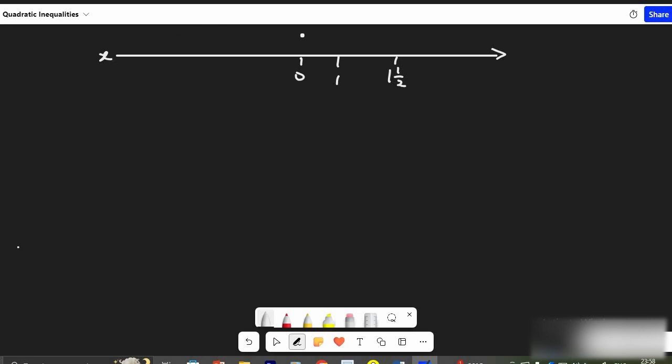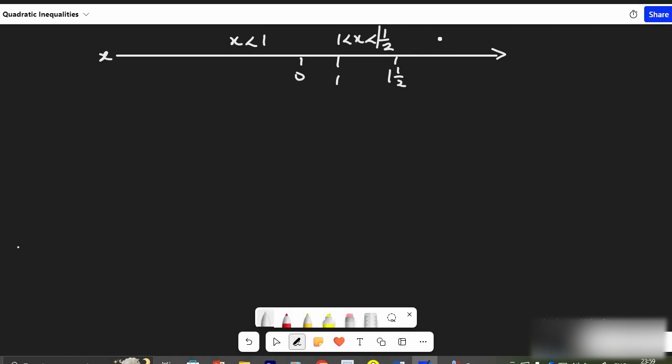So in this whole space here, we have that x is less than 1. Here we have that as between 1 and 1.5, we have that 1 is less than x, less than 1.5.